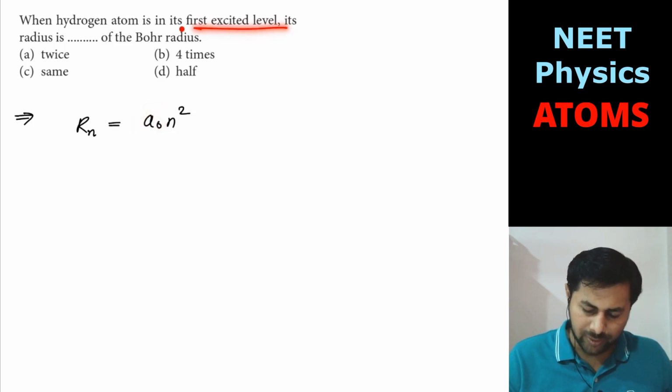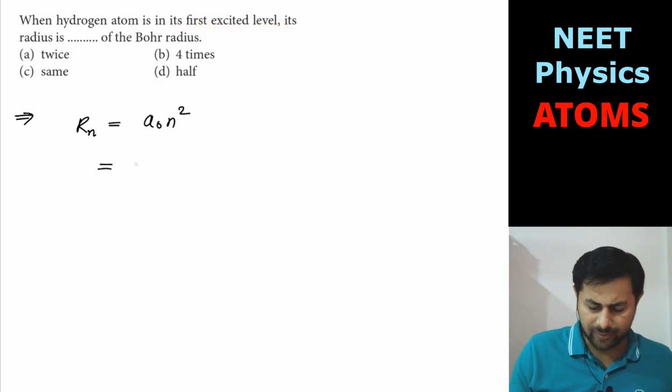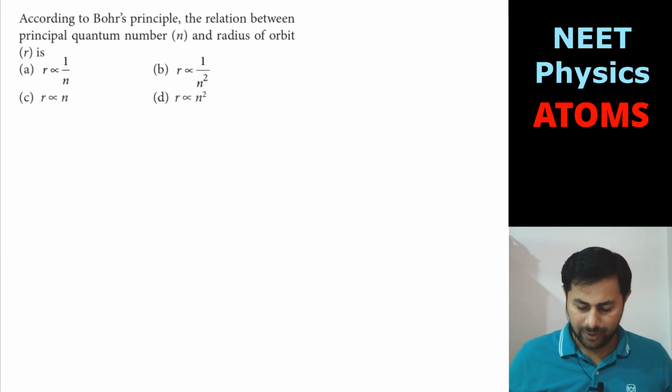First excited level means n is equal to 2. So it's 2 square times a naught, that means 4 times a naught. So it is option B. That's very simple.